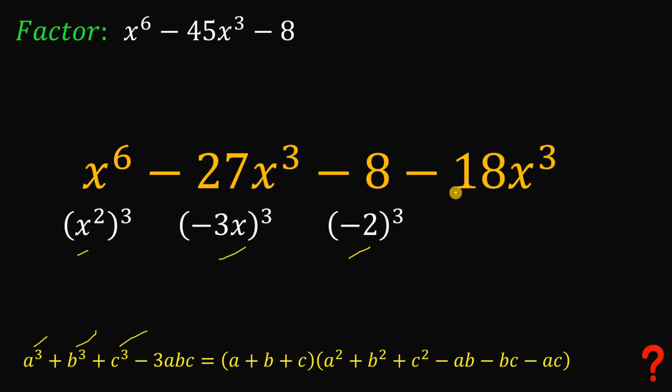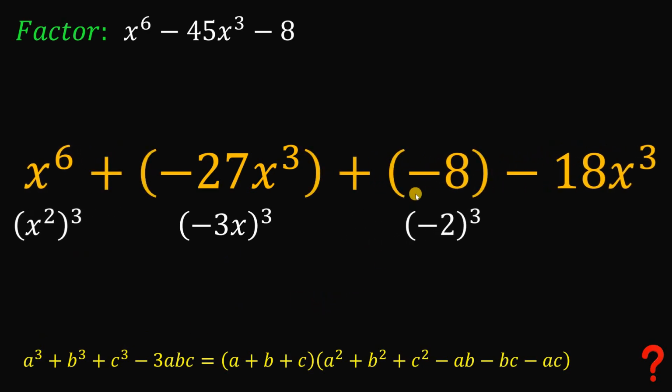Now let's see if we can rewrite 18x cubed in the form of 3 times a times b times c. And if we do that, we get that 18x cubed is simply equal to 3 times x squared times negative 3x times negative 2, which is our a, b, and c.